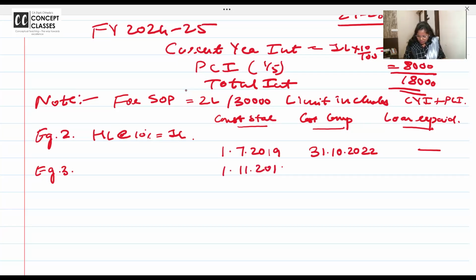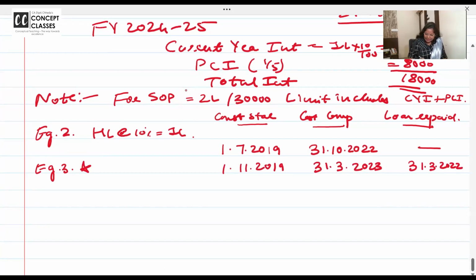1st November 2019. Construction completed in 31st March 2023. Loan repaid on 31st March 2022. It's a very beautiful example. Or construction started on 1st April 2013.